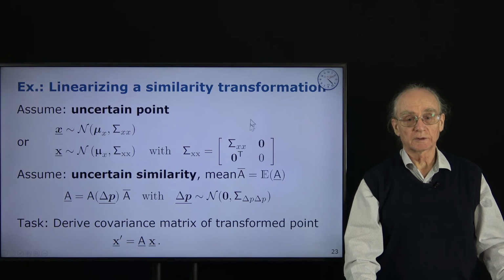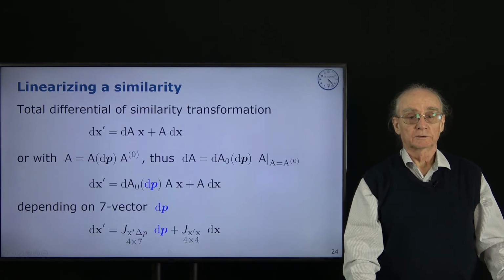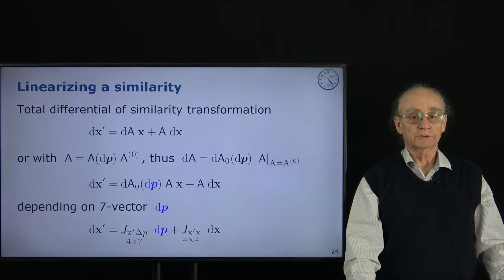Let's assume these two things are given, and we would like to know what is the uncertainty of the transformed vector x prime. So x is uncertain, A is uncertain, consequently x prime is also uncertain, so we have underlines in all 3 elements. So how to approach this?